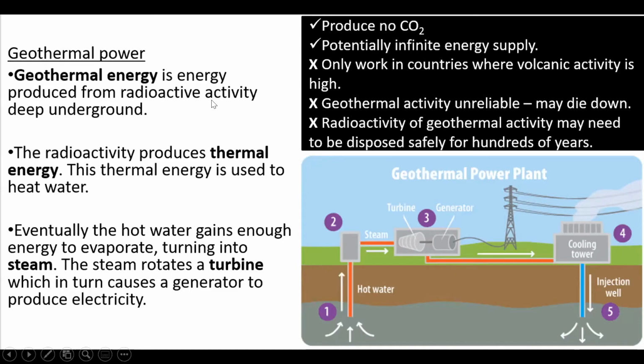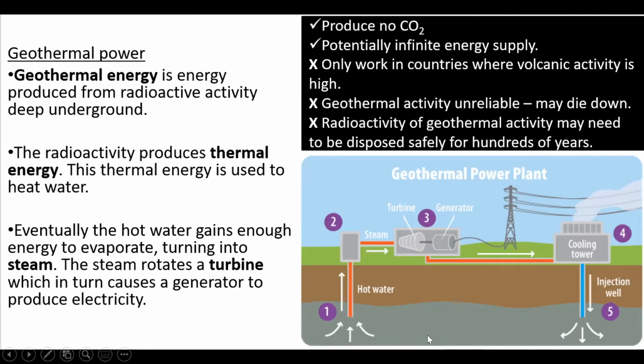So it's producing radioactive activity deep underground, and also magma sitting close to the surface. Okay, like volcanic areas. So radioactivity causes thermal energy. This is used to heat the water. And what happens here is that cold water is pumped down, goes along here, and hot water comes up, and it turns to steam where it's so hot.